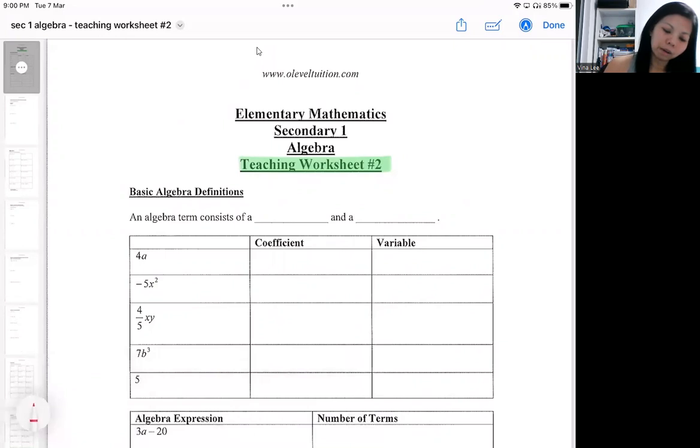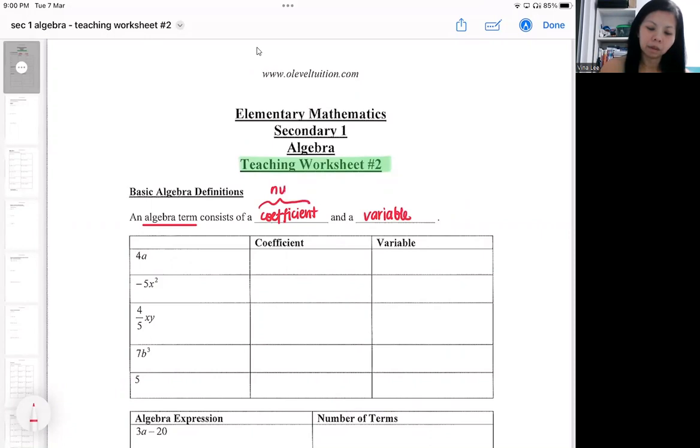So when we talk about an algebra term, it consists of a coefficient and it consists of a variable. So a coefficient is just like the number beside the algebra.